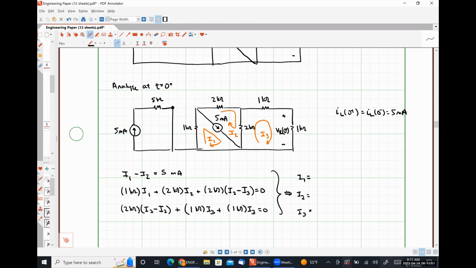Coefficient for I3 is -2,000. Coefficient for I1 in the third equation is 0. Coefficient for I2 in the third equation is -2,000. Coefficient for I3 is 2,000 plus 1,000 plus 1,000. Looks like 4,000 to me. Constant term is 0.